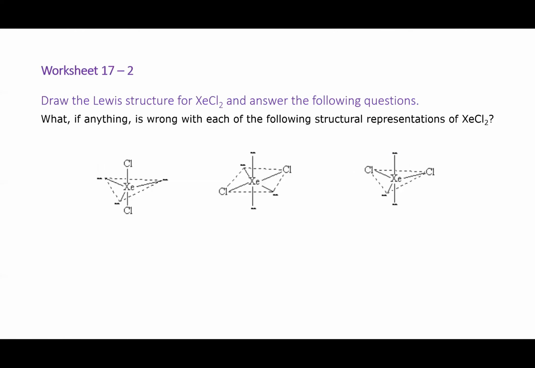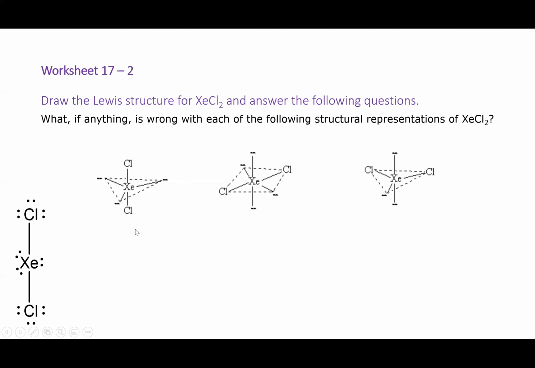So moving on, we're given a couple of structural representations of xenon dichloride, and we're being asked if there's anything wrong with them, and if there is, to say what is wrong about them. So a reminder of the structure that we have from the previous slide, here it is on the bottom left corner. So let's start by looking at the left structural representation.